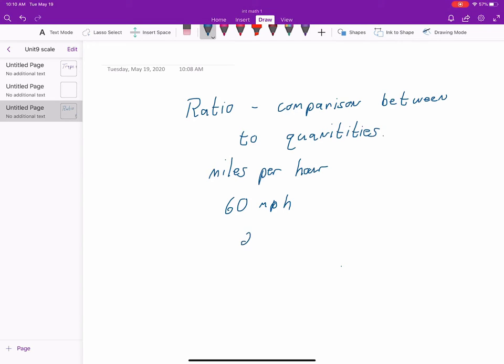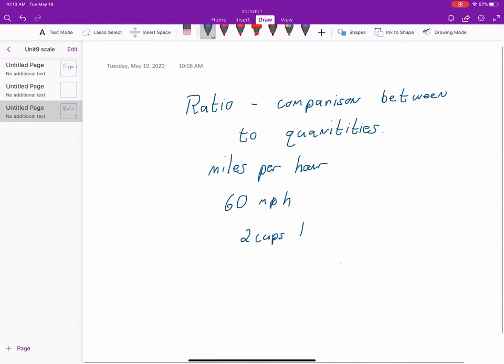Because if you made some bread, you maybe had to make 2 cups of flour per, what would they call that? I don't know if it would be a serving or a batch or a loaf maybe. And so maybe you were going to make a larger amount, so then you would change the ratio, but that's still the same.